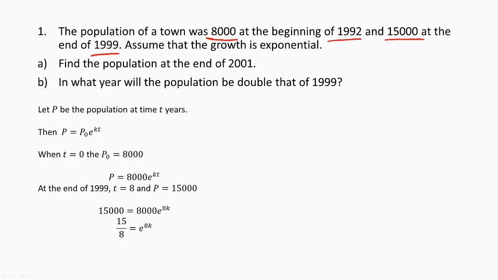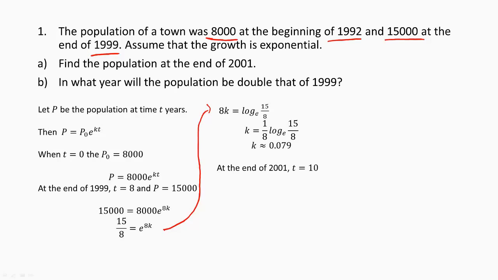The zeros can cancel out. We're going to use our logarithms now to get k by itself. So k equals 1 on 8 log e of 15 on 8. In a calculator-free situation, that's our answer. If we do have a calculator, we can approximate that as 0.0799.